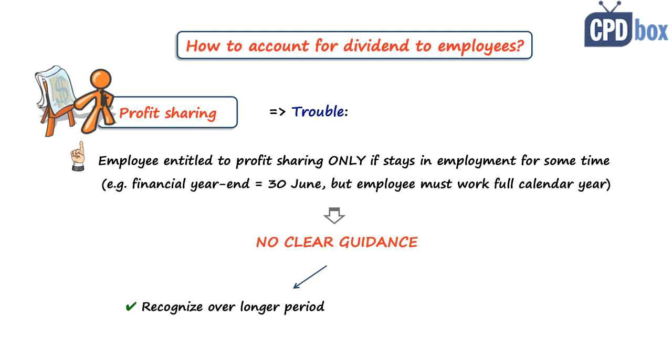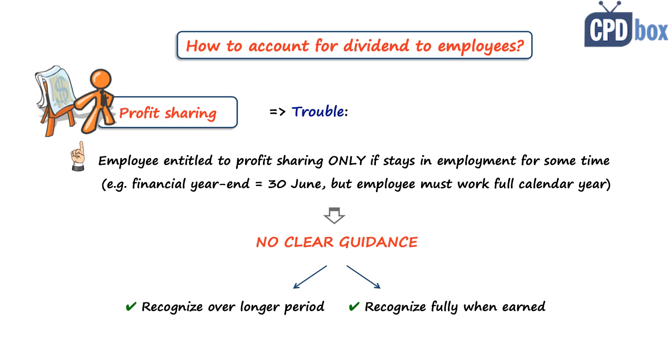Or the second approach, you would recognize the full profit sharing in the year when it is earned, because the amount of benefit does not increase after the 30th June or after the year end. I like the first approach more than the second one because this way you don't overstate your expenses in the first year. But maybe both approaches would be acceptable. I've seen both in practice.